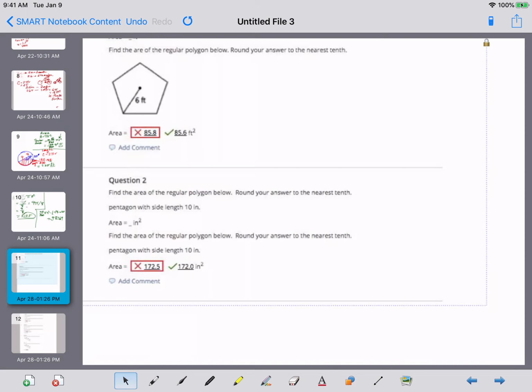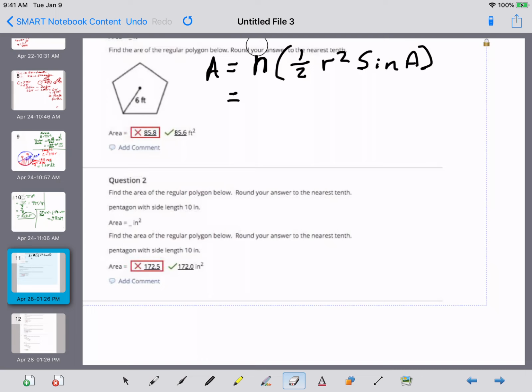We're going to look at number one here, and you can look this up on your submissions. My equation for this becomes n times half r squared sine of a. Now, that's supposed to be an n.